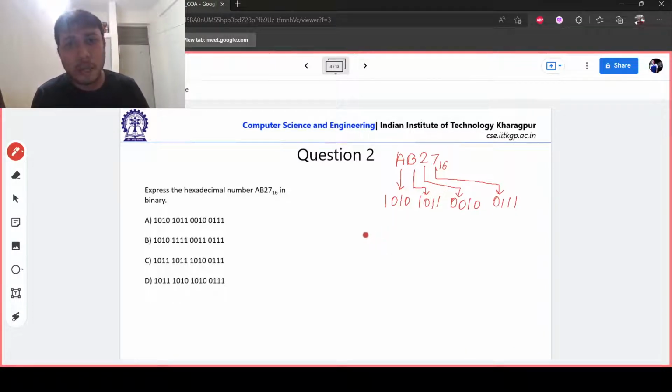So the binary representation will be 1010 1011 0010 0111.